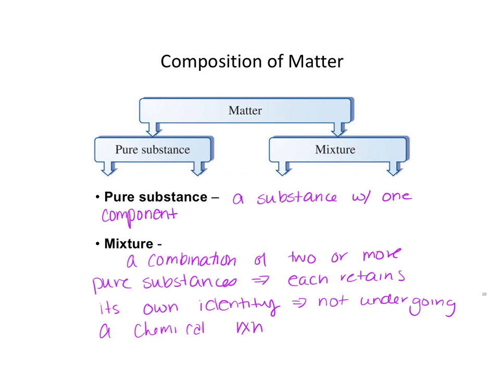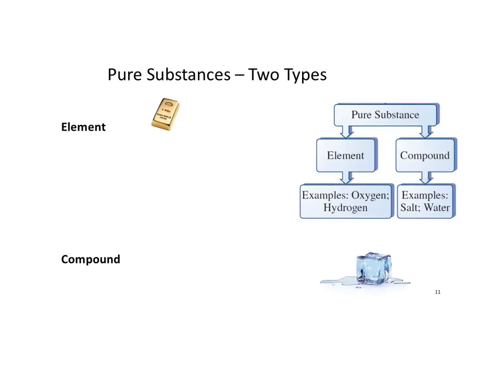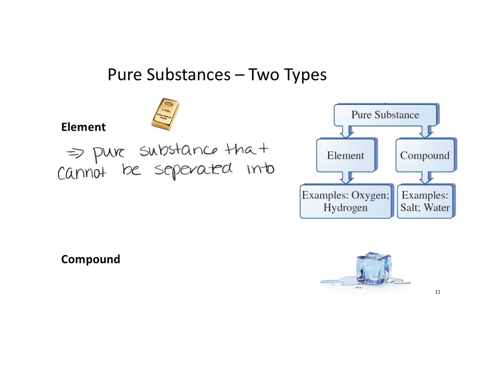So let's talk about pure substances just a little bit. There are two types of pure substances that you're going to run into. One is an element. Now, when we talk about the element, the kind of definition of an element, it is a pure substance that cannot be separated into simpler substances.